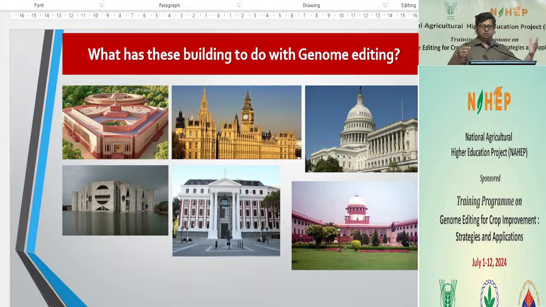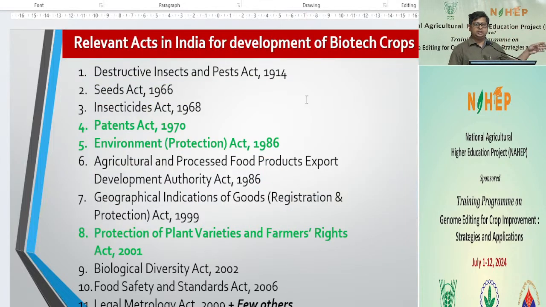When you enter this research ecosystem, many of you are PhD students, and probably many of you will join the private sector and lead different departments of many companies. Then these issues, the regulatory and legal aspects, will come to you on an almost daily basis. As far as India is concerned, I'm talking specifically about India, but will also give you some global hints.